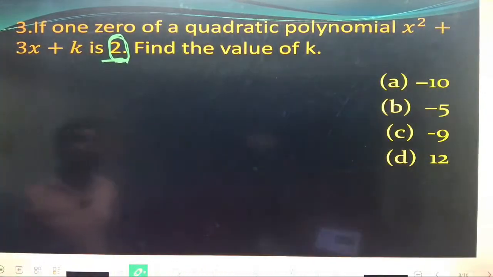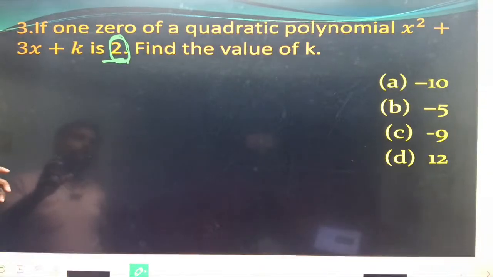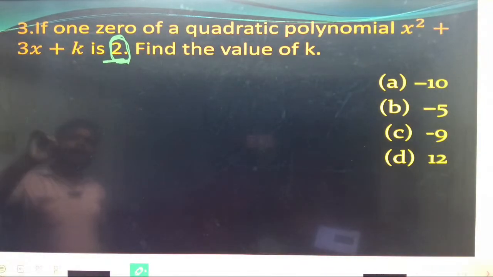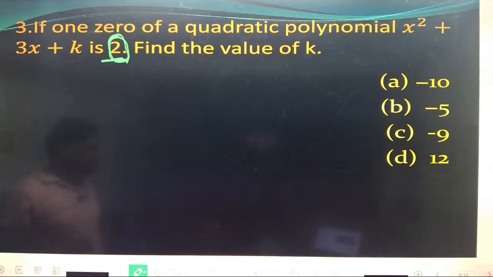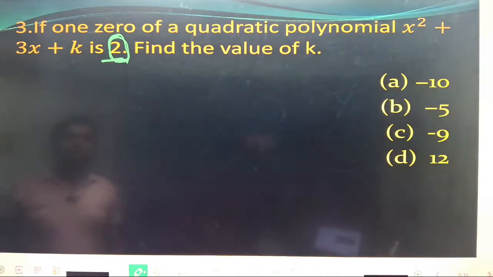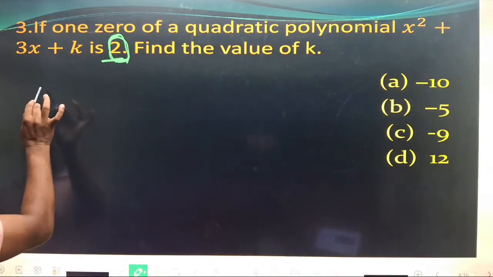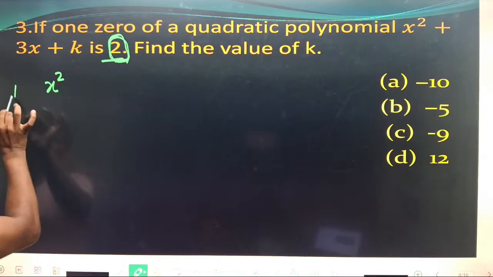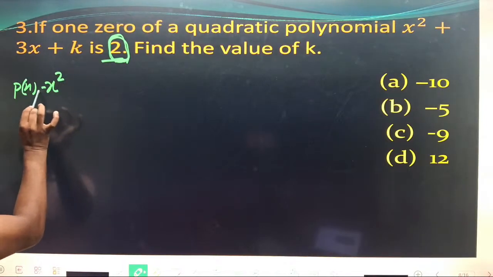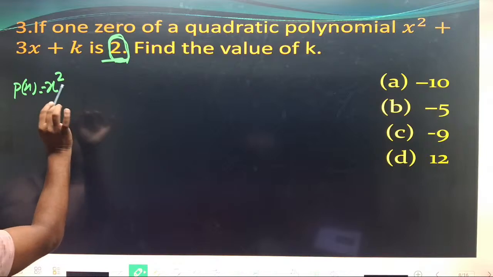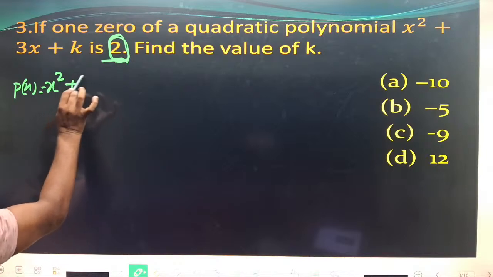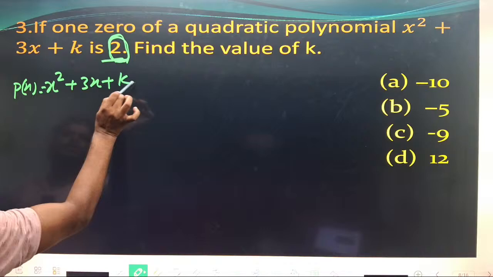Now you put the value of the zero in place of x. You write p of x is equal to x square plus 3x plus k.